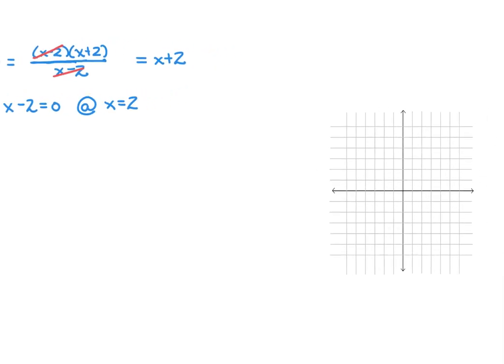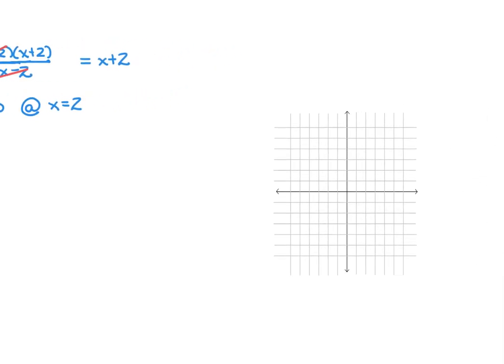So if we graph the line x plus 2, this has a y-intercept of 2 and a slope of 1. And so if we draw our up 1, right 1, and here's the thing, when we get to x equals 2, we want an open circle.